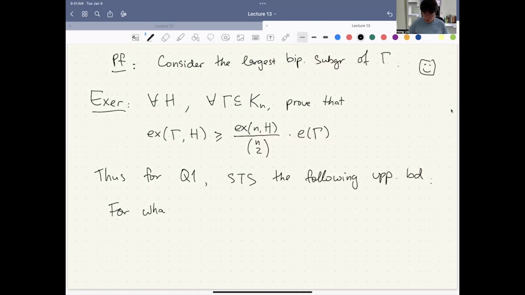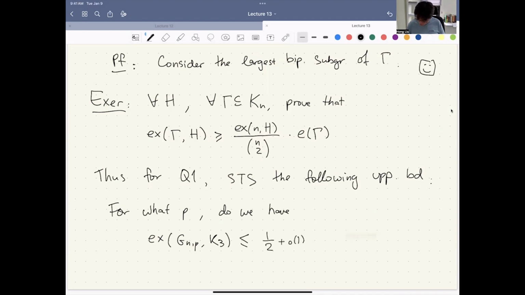For what P do we have that the extremal number of the triangle with respect to subgraph of G(n,p) is at most (1/2 + o(1)) times p times n choose 2?